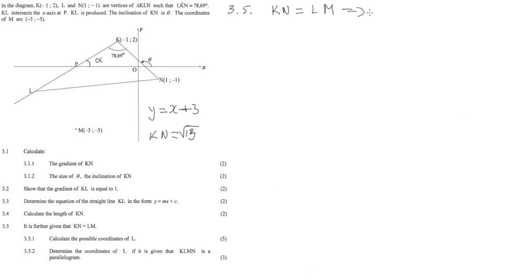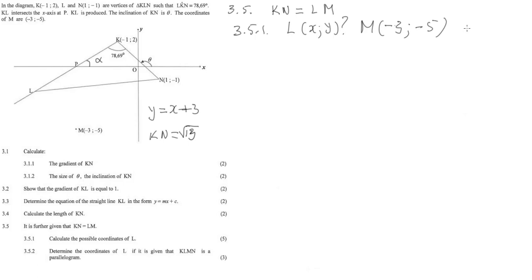So, we know the coordinates. Now it says determine the coordinate of L. L will be x and y, which we don't know. And the coordinate of M, we know that is minus 3 and minus 5.